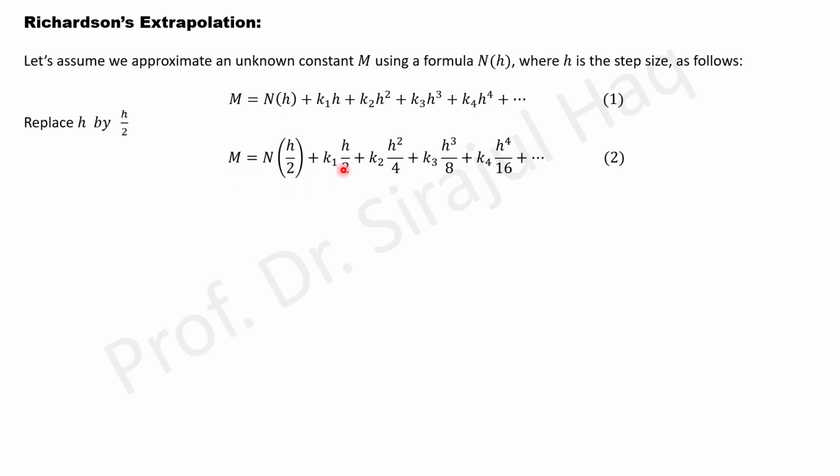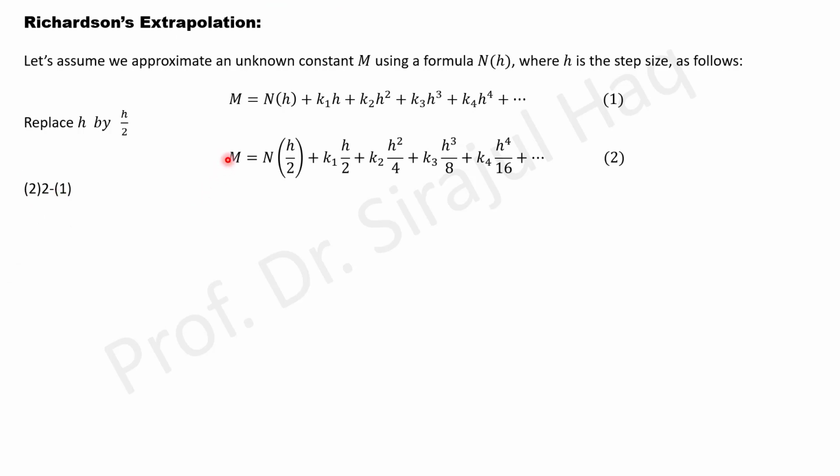Multiply equation number 2 by 2. So this will become k1 h, and you can do the subtraction, so this will cancel out. Because the target is the cancellation of this term, multiply the second equation by 2, and subtract the first equation from it.